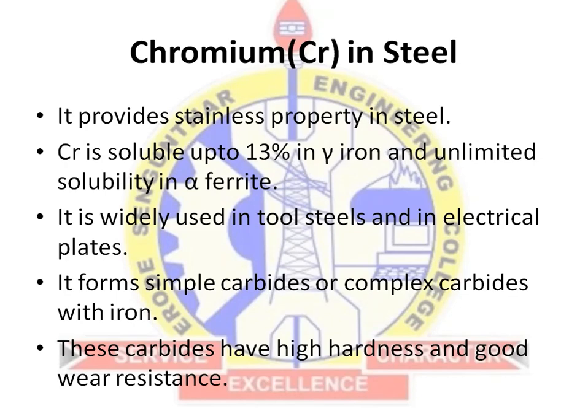It is an anti-corrosion agent, so it provides the stainless property to the steel. It is soluble up to 13% in gamma iron, and unlimitedly soluble in alpha ferrite. Ferrite is nothing but iron content. It is also widely used in tool steels and in electrical plates.